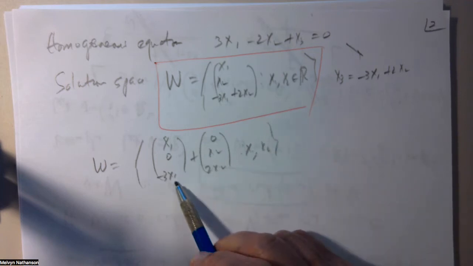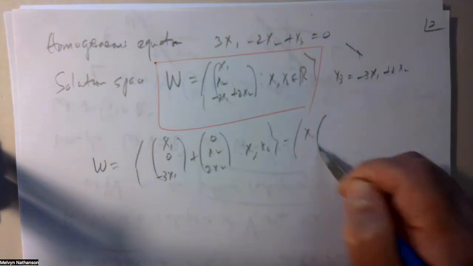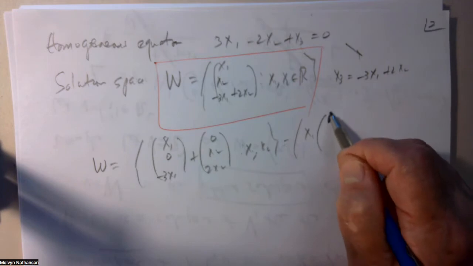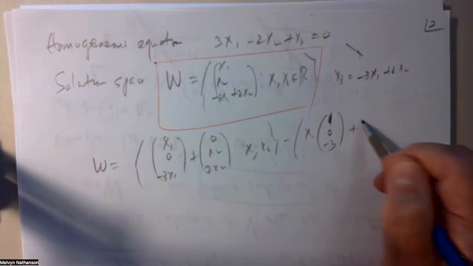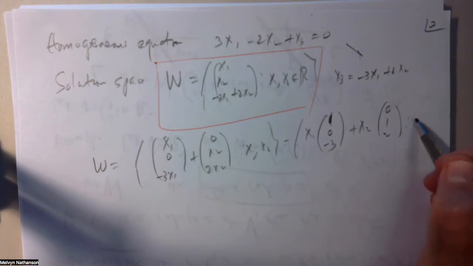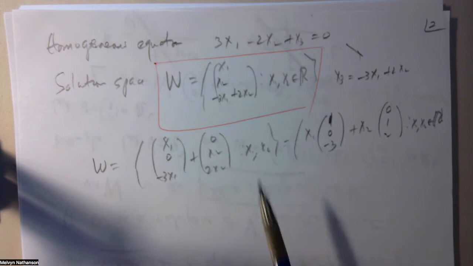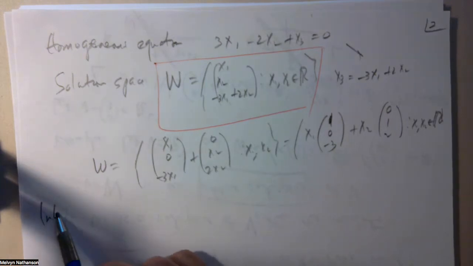Or if I factor out the x1 and the x2 from these vectors, this is all linear combinations of the vectors (1, 0, minus 3) and (0, 1, 2). So this is a subspace. It's the solution of the homogeneous equation. Suppose we look at the inhomogeneous equation.